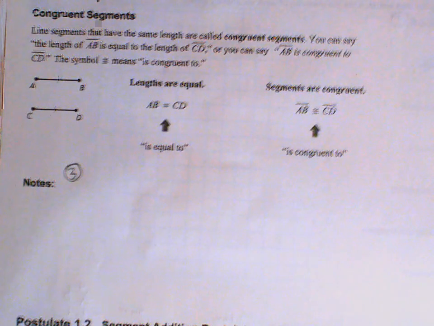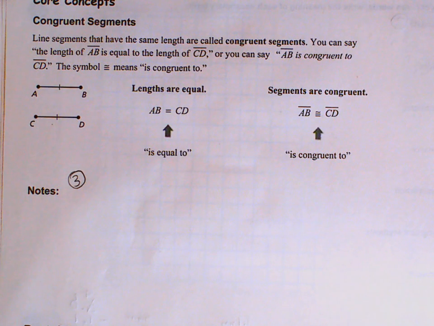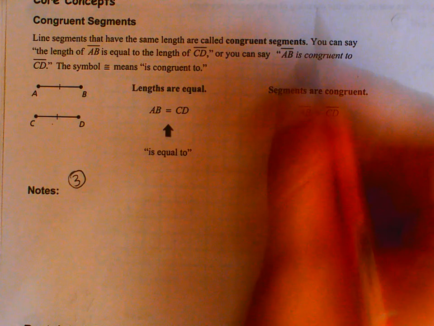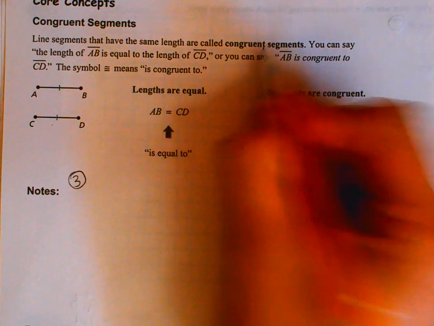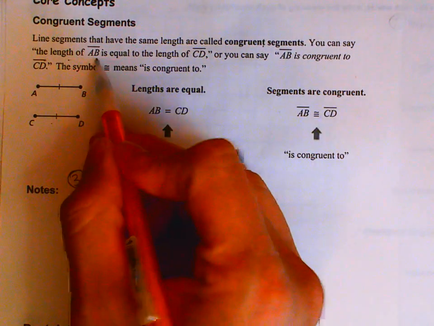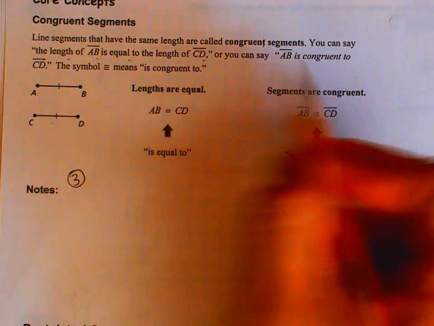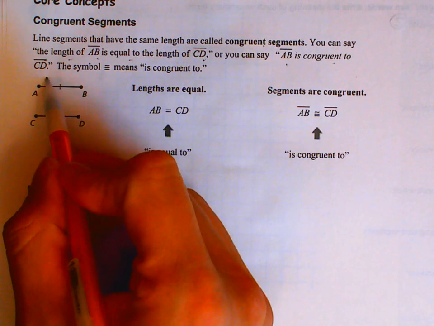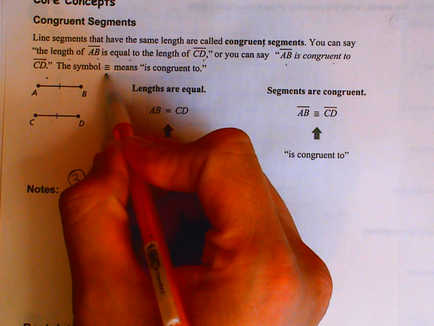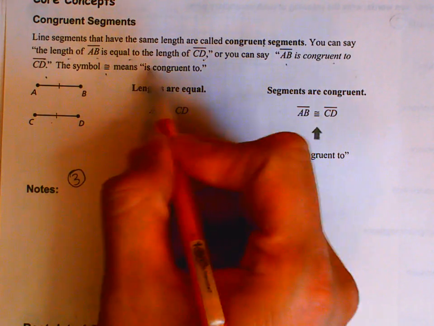All right, we kind of already went over this. Okay, congruent segments. Line segments that have the same length are called congruent segments. You can say the length of AB is equal to the length of CD, or you can say that AB is congruent to CD. And the equal sign with a little squiggle line on top means congruent to.